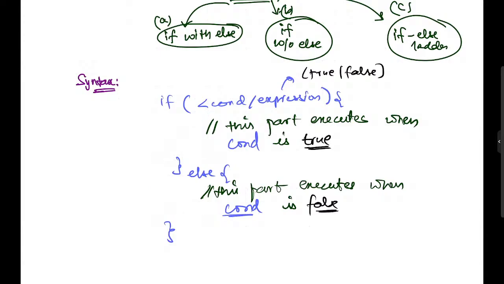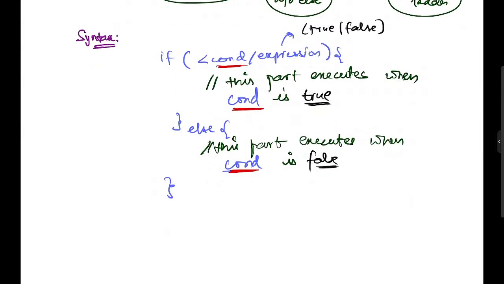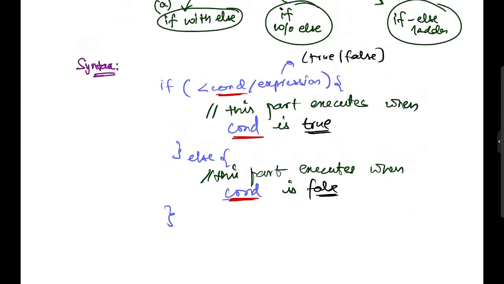Okay, simple. Understood till here? If you have not understood, you can obviously rewind and see it. This particular part here is your A part, which is if with else.